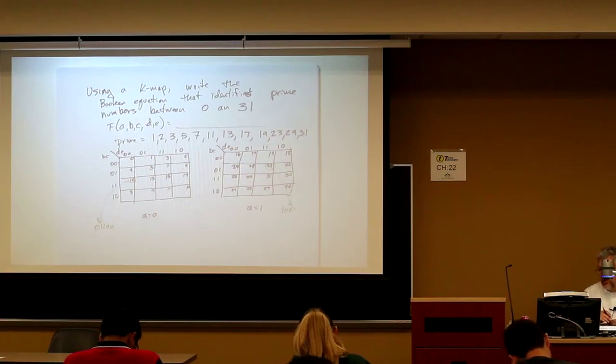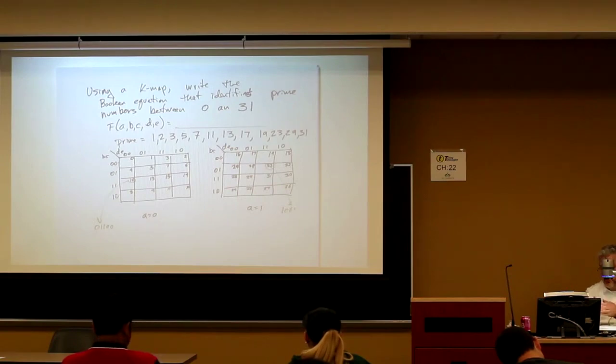And now what remains is to put into our table the prime numbers, and then we're going to look at our table to see if we can combine things together.